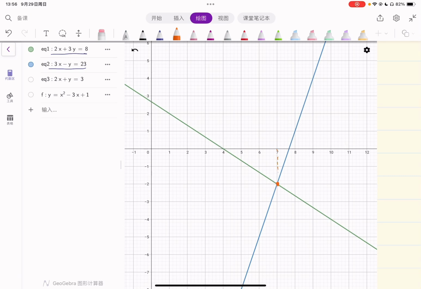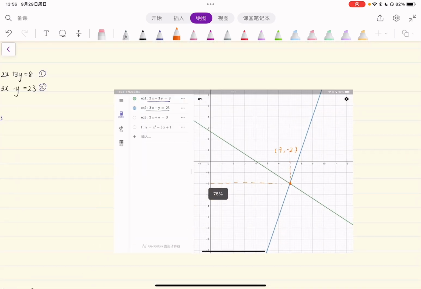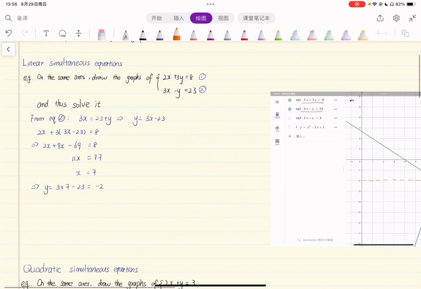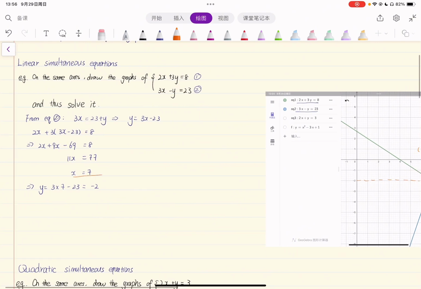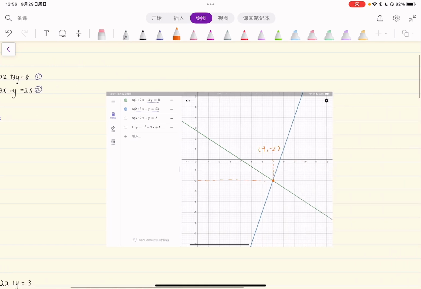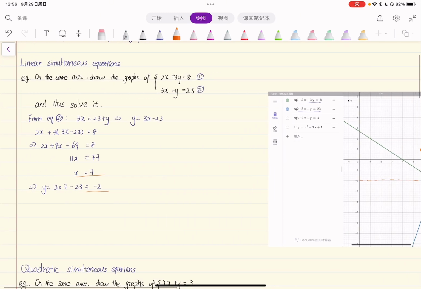We find that the point is (7, -2). So it is the same as our solution, x equals 7 and y equals minus 2. So we see that the intersection point of two lines is the root of the simultaneous equations.